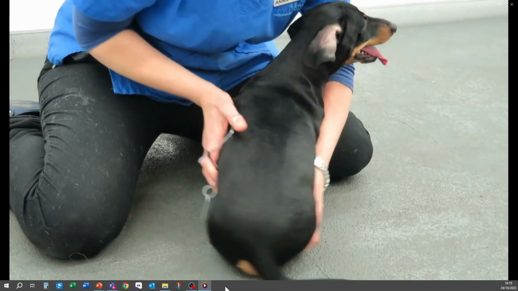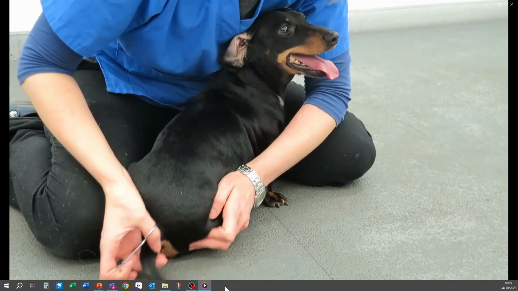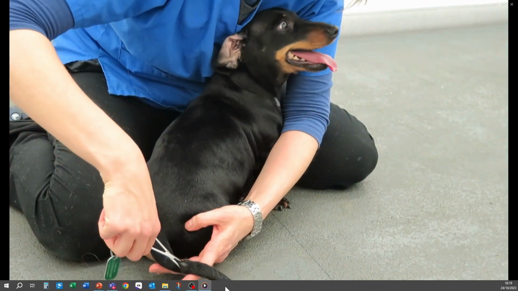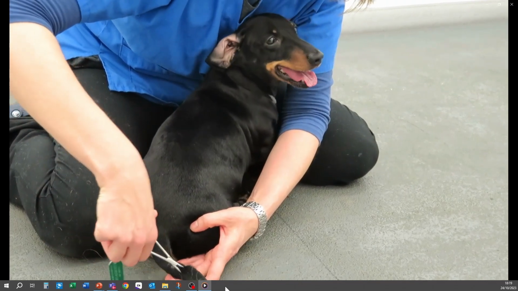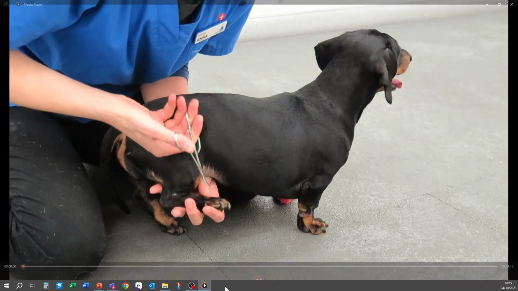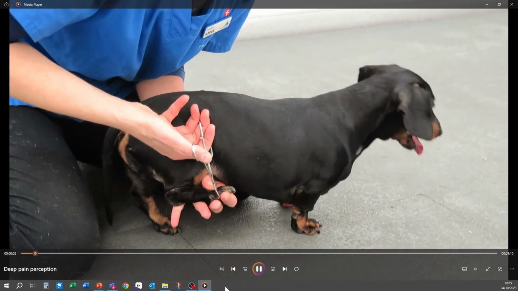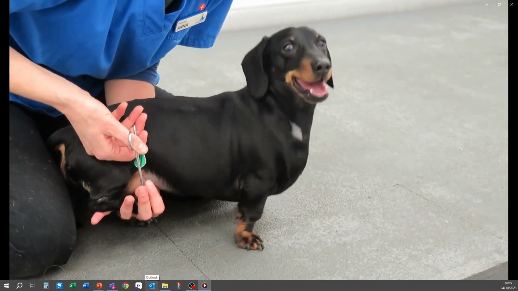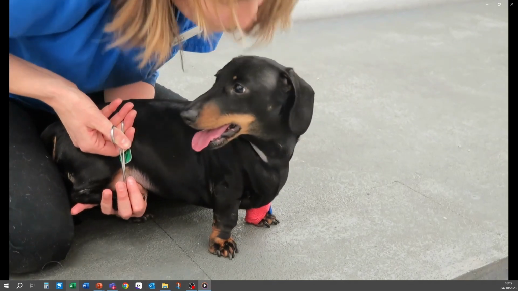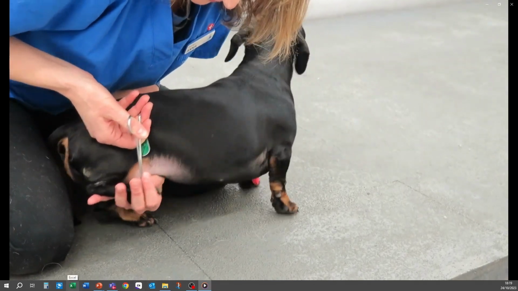And then we're doing the tail. Important to do the tail as well, because the tail is obviously another limb, another route to the spinal cord. And sometimes they have feeling in their tail when they don't have feeling in their feet. And sometimes the feeling comes back to the tail before it comes back to the feet.